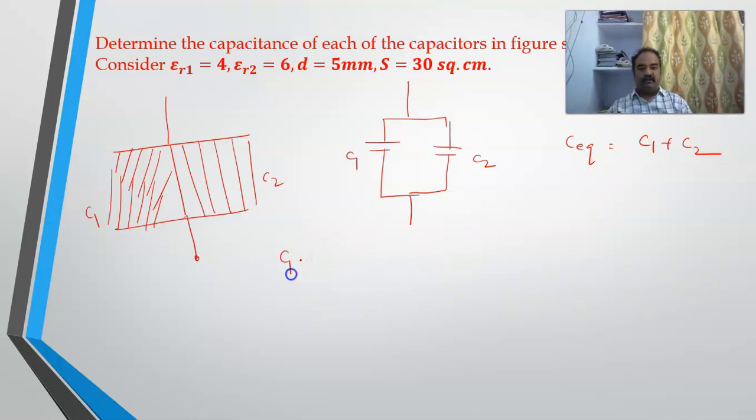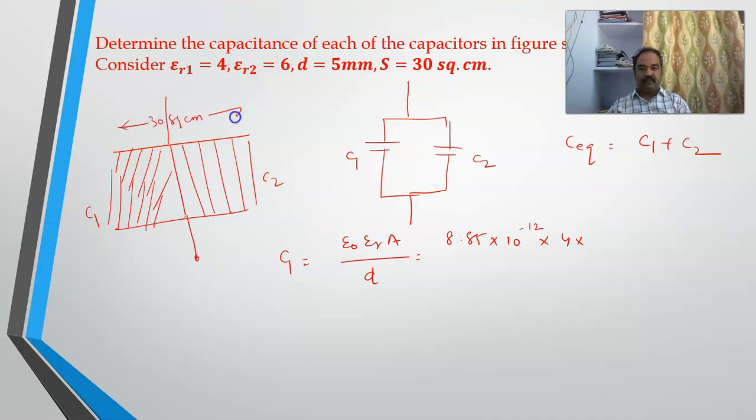Now for C1, it is epsilon naught epsilon r A by d, so 8.85 into 10 to the power of minus 12 into 4. The total area of cross section of 30 square centimeters is now divided into 15 and 15, whereas the separation remains the same for both capacitors.